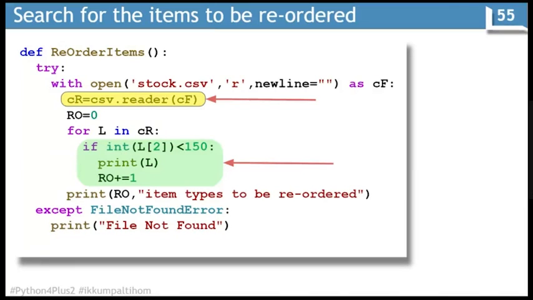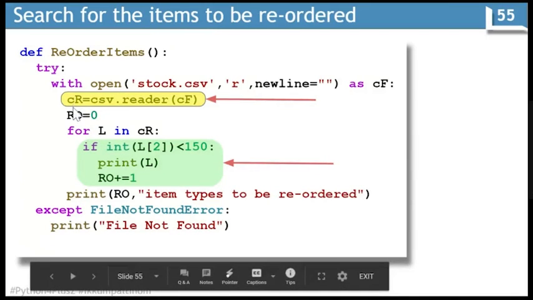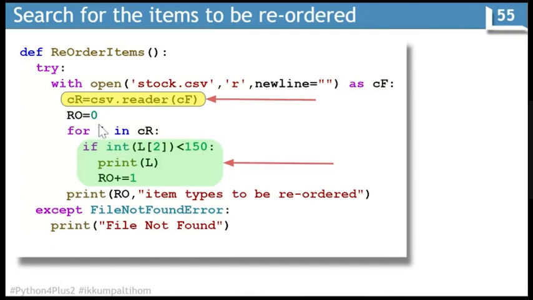Now, in this particular function, we are trying to find where the quantity is less than 150, and if you want to reorder that, you display that list on screen where reordering is required. So we are opening the CSV file with the help of the cr object. We are initializing RO as 0.